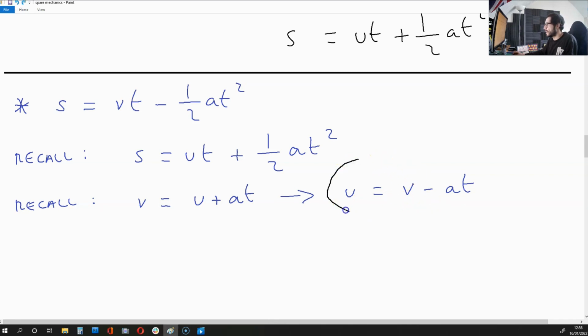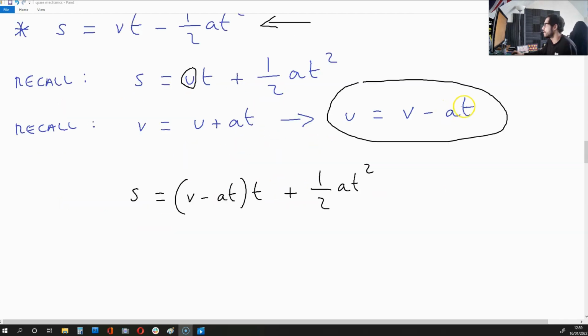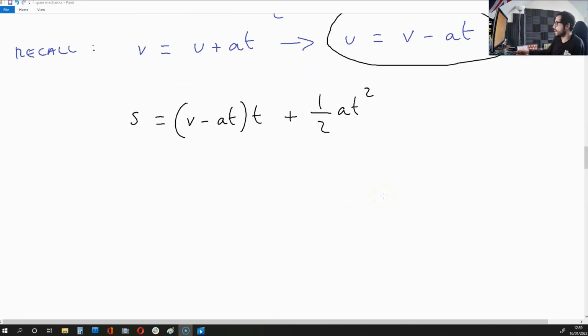If we plug this u over here into this, we should get this equation up here. So let's plug this u over here into this u up here. What we get is s is v minus at times t plus half at squared.